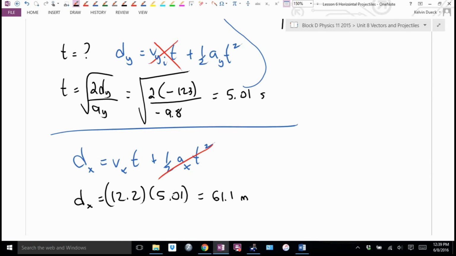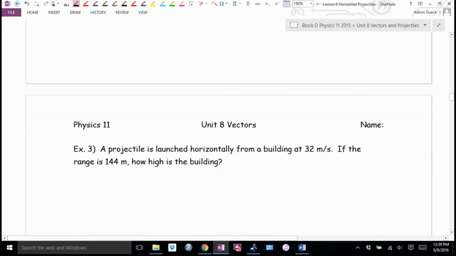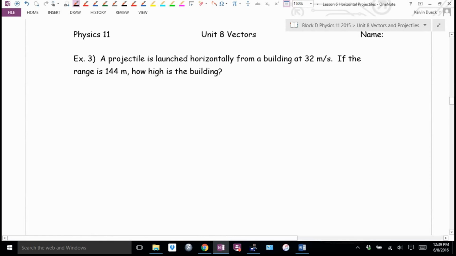Got your candies? Example 3. I like example 3. Example 3 is a nice question. Maybe. I can't remember if I put this one on your final. Partly because I'm in the process of still typing it, so it may end up there. I got 56 questions. The last 4 questions on your final will be, okay, here you got to know your stuff.